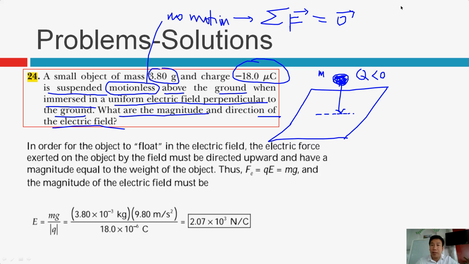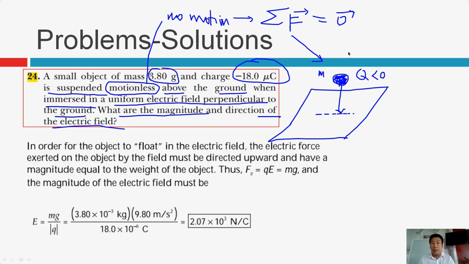Did you get the problem here? So it means that the total force is equal to 0, and it doesn't move in y direction, right? In x direction, we don't need to be concerned about the motion, because there is no moving in x direction.